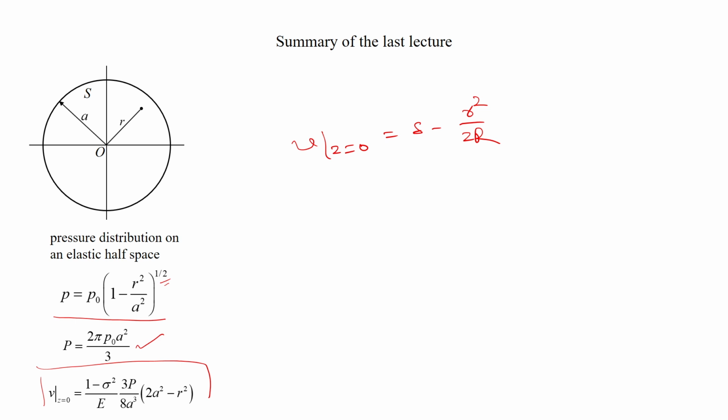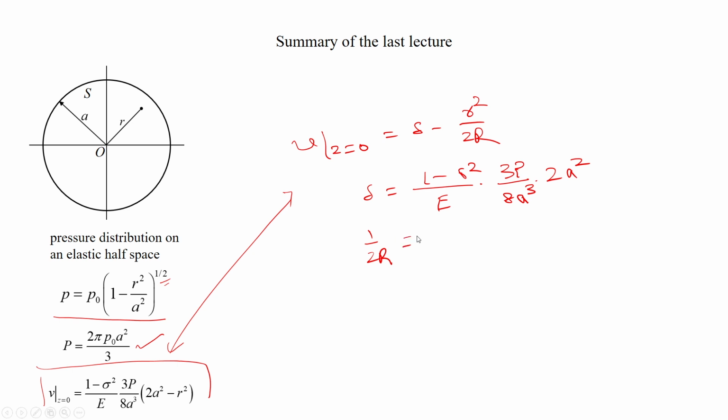And since there is correspondence between those two relations, we can write delta as equal to 1 minus sigma square by E into 3 P by 8 a cube into 2 a square, and 1 by 2 R is equal to 1 minus sigma square by E and 3 P by 8 a cube.